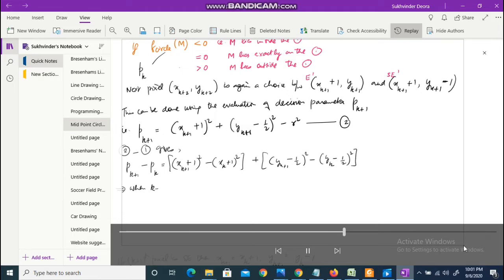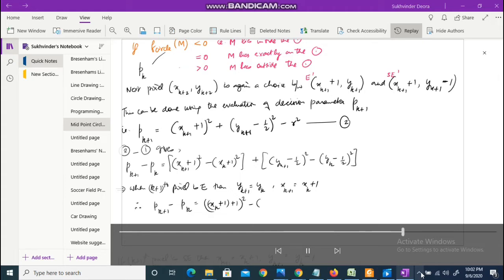But in this case, if e was chosen as the k plus 1th pixel, then the value of xk plus 1 was actually xk plus 1, and the value of yk plus 1 was actually yk. So the right hand side terms are 0, and therefore the only terms remaining are the one obtained from the first parenthesis.